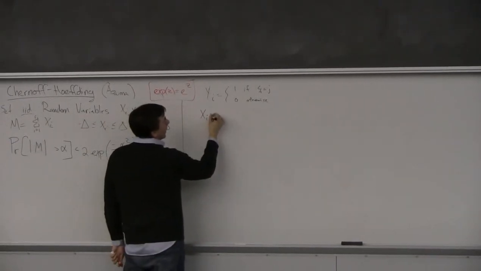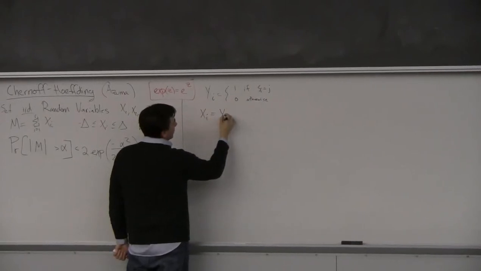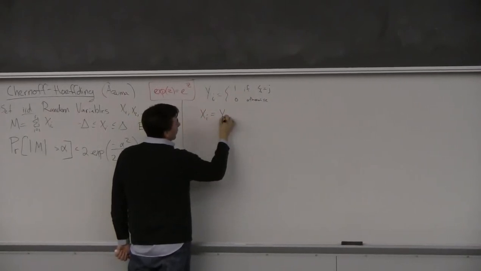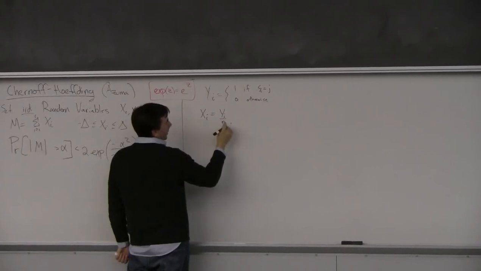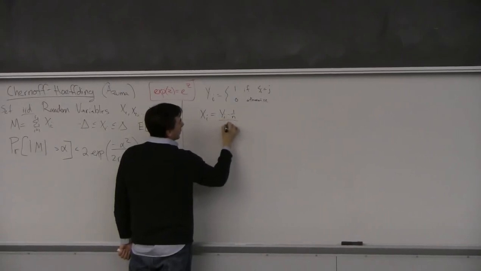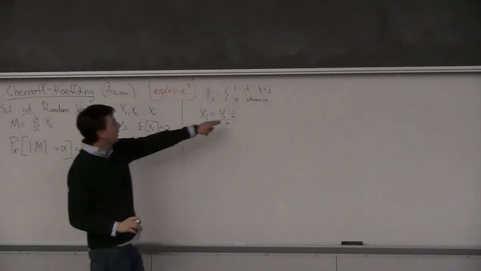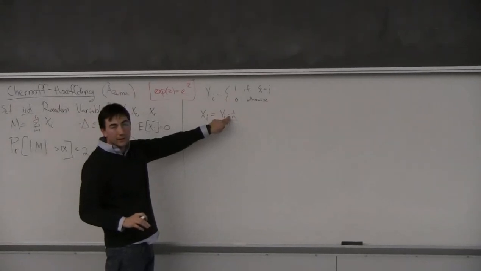So xi I'm going to write as yi minus 1 over n. Let's see if this is the right way to do this. If I do yi minus 1 over n, then the expected value should be 0.